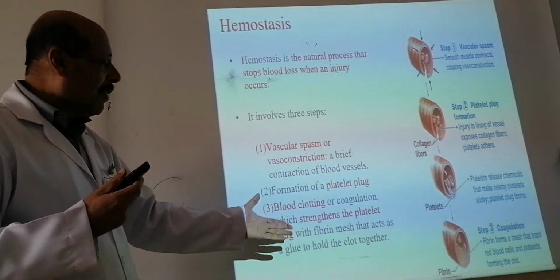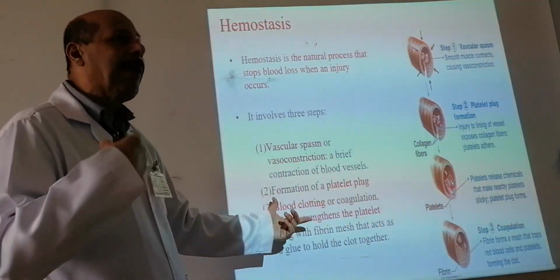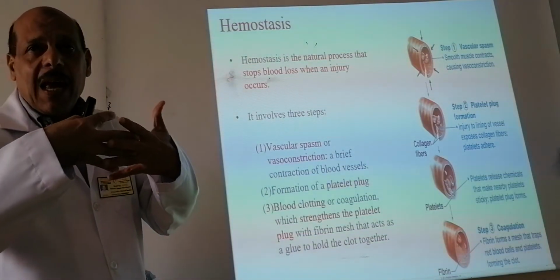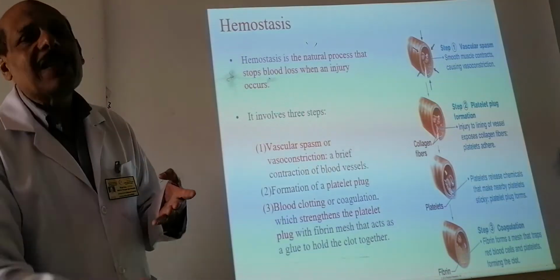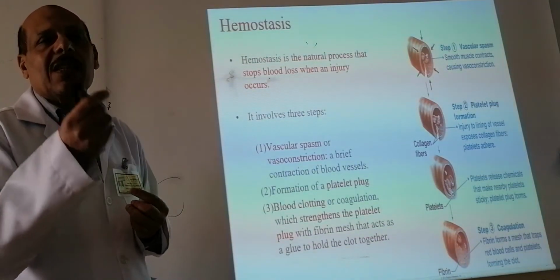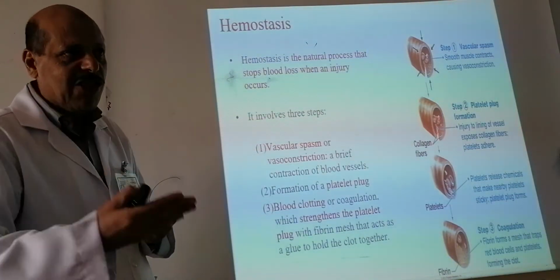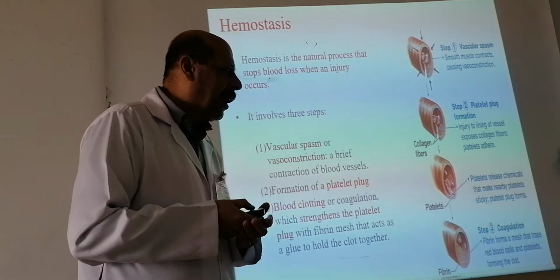The third thing is blood clotting. The blood will clot and form a mesh-like substance that closes the opening of that blood vessel, the injured site of the blood vessel, and forms the clot.